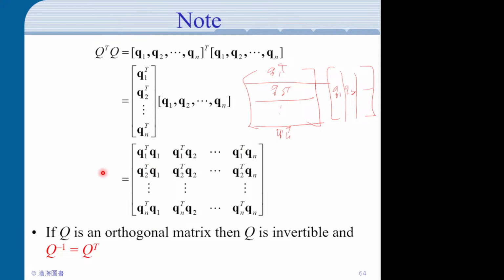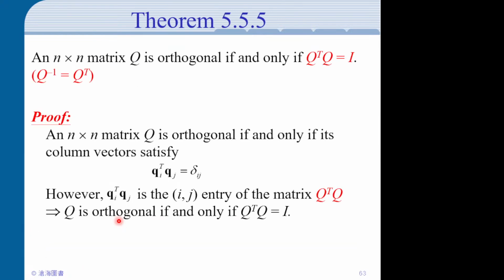Off the diagonal it's 0 because of orthogonality, and on the diagonal it's 1 because of normalization. So if Q is orthogonal, then Q transpose Q equals identity, and so Q transpose equals Q inverse.